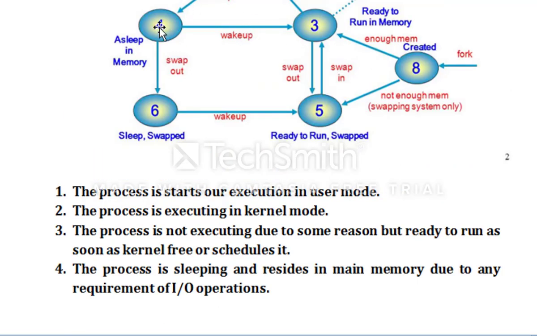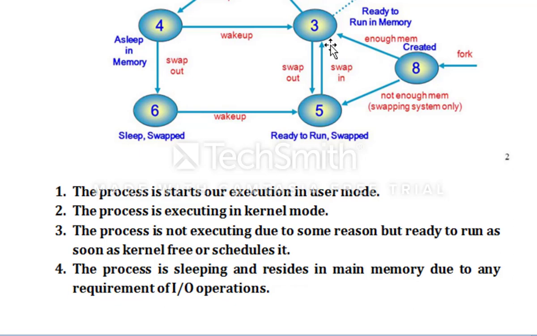Okay, so after 2 it goes to step 4, sleep, then sleep swapped, 4 to 6, and 6 to the wake up call for step 5, ready to run, swapped out. There may be a chance that if there is not enough memory, then it will also be stored on the hard disk.